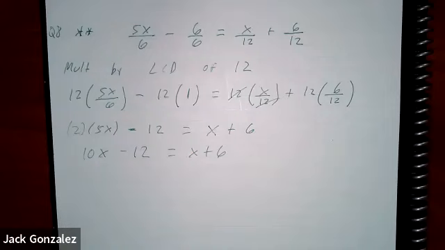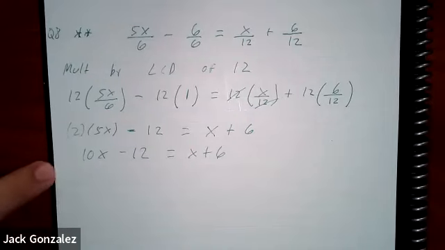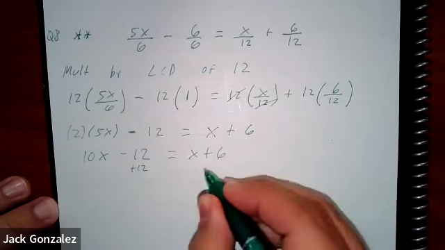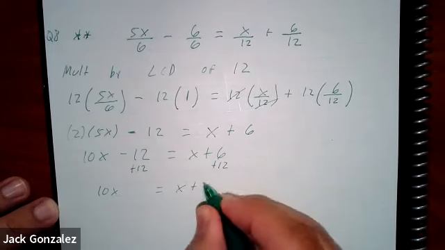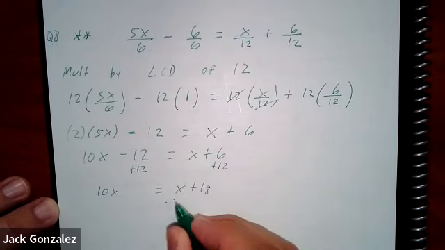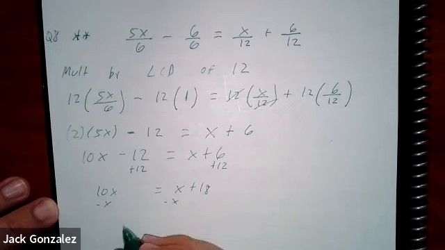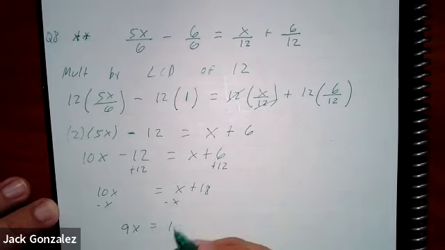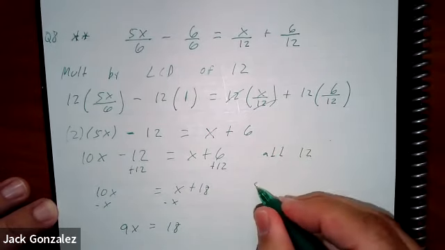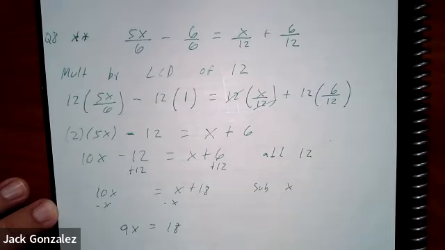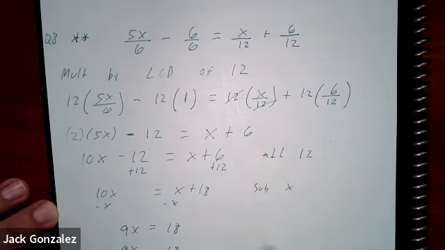So at this point, we've gotten rid of the fractions, just isolate X, that's it. So plus 12 again. Minus the X. Divide by 9.